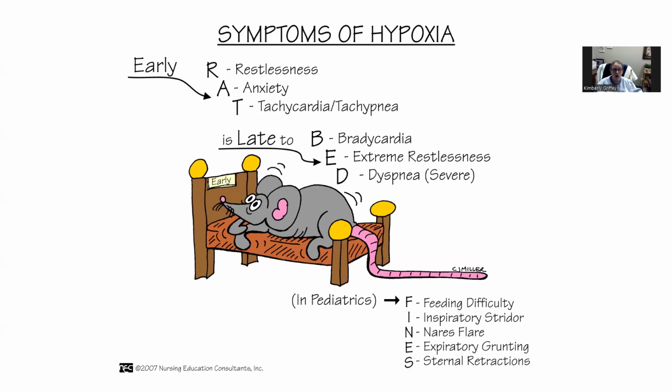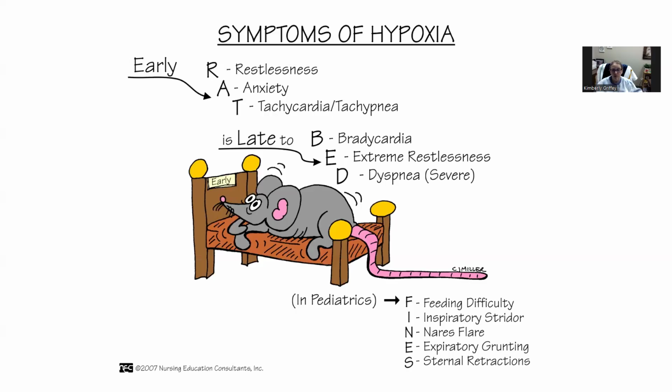So your acronym for early is RAT: restlessness, anxiety, and tachycardia. And then late signs are going to be your bradycardia, extreme restlessness, and dyspnea. So if you think of the acronyms RAT, BED, RAT is early, late to bed.